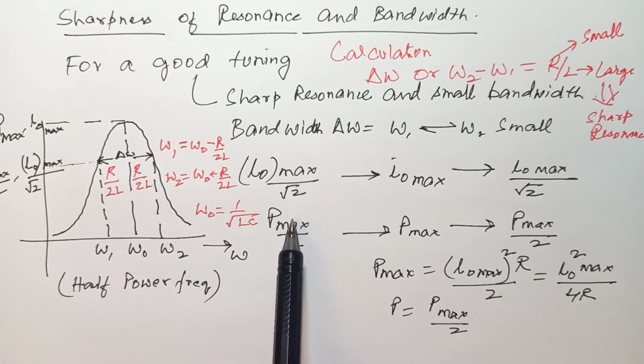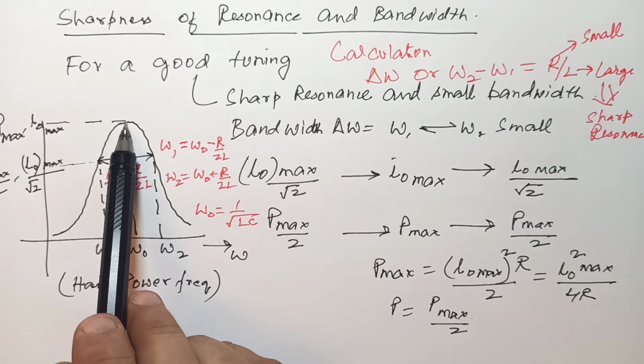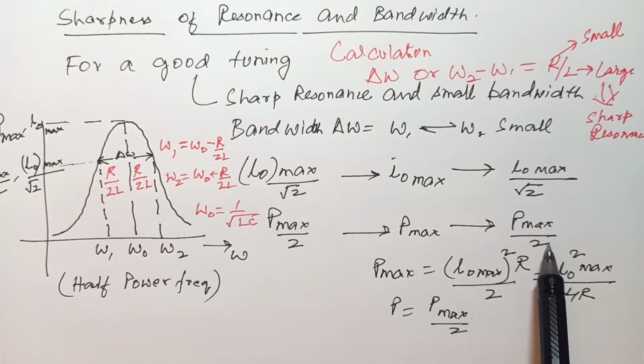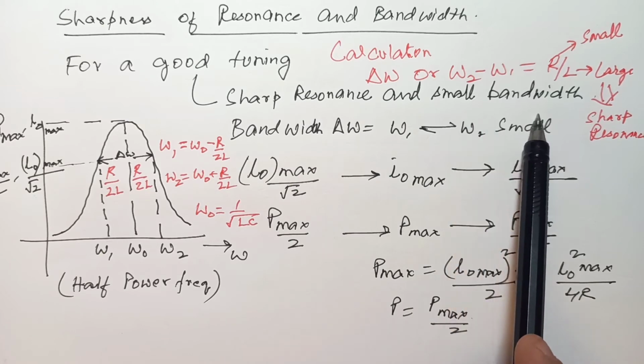At this point the power I just calculated is P max by 2, and then at this point it becomes P max, and then again at this point it is P max by 2, and the calculation I have shown here. Again let me reiterate, for a very good tuning you have to have sharp resonance and a small bandwidth.